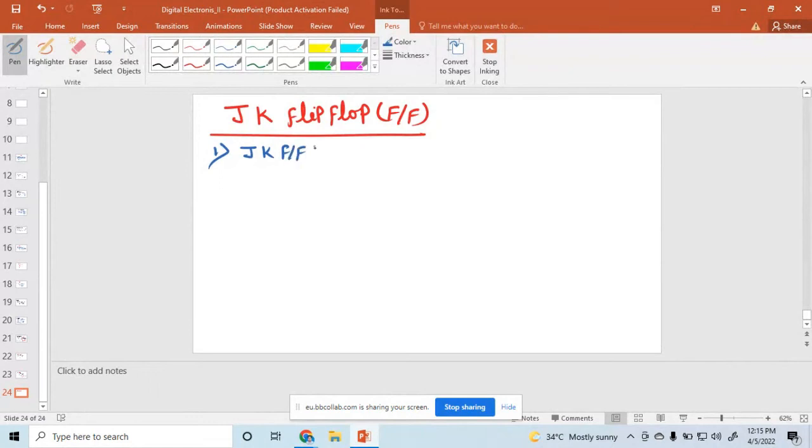JK flip flop using a NAND gate. So how to design? So this one is a NAND gate.